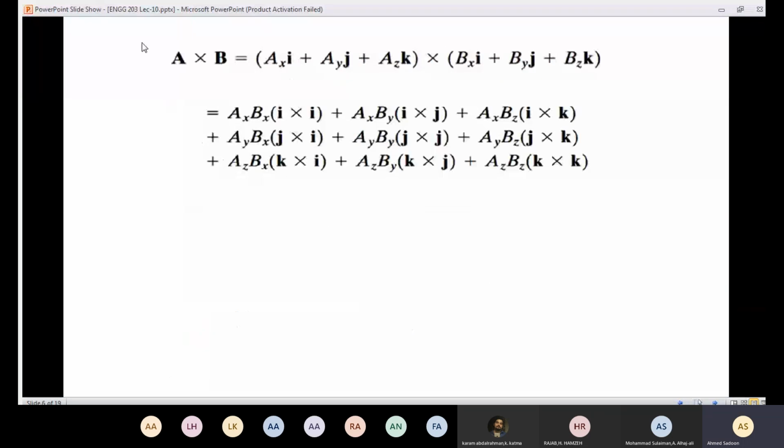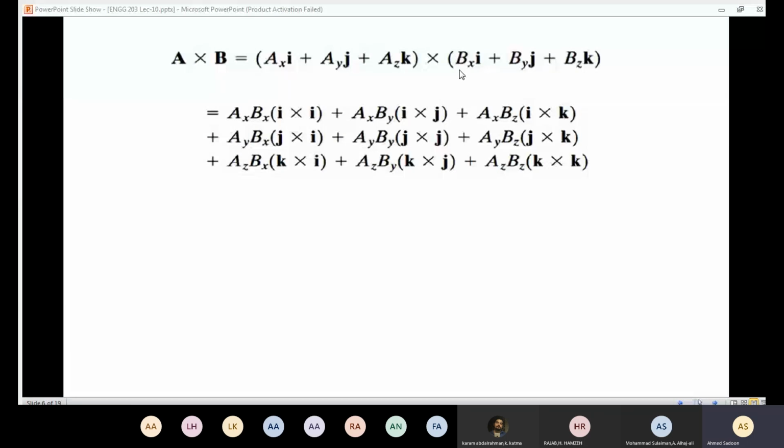So we have vector A and we have vector B. We can put vector A in Cartesian form, right? In order to express vector A in Cartesian form, we are going to have AX, the component in X, followed by the letter I, plus AY, the component in Y, followed by the letter J, plus AZ, the component in Z, followed by the letter K. Similarly, you can express the B vector in Cartesian form.